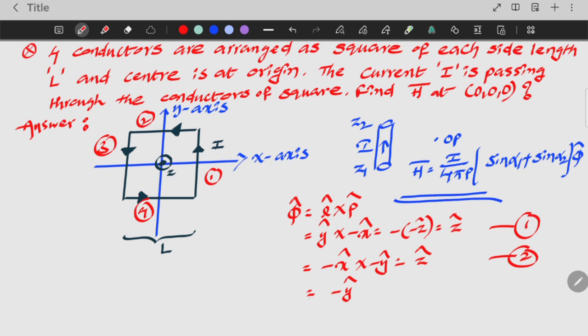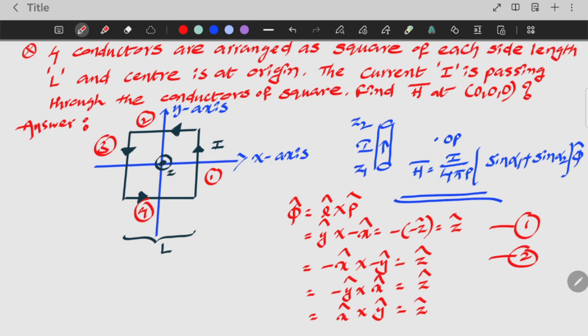Then the perpendicular line, that is rho cap, will be available in the positive x direction. Okay, this is again positive z cap only. Then for the fourth conductor, the current is traveling in the positive x direction, and the perpendicular we can take in the positive y direction, which will be in the positive z direction only.